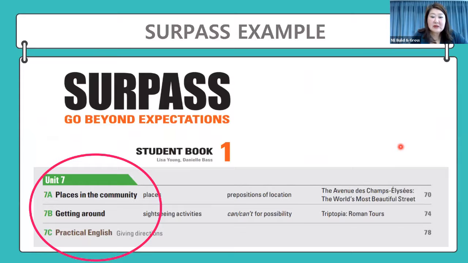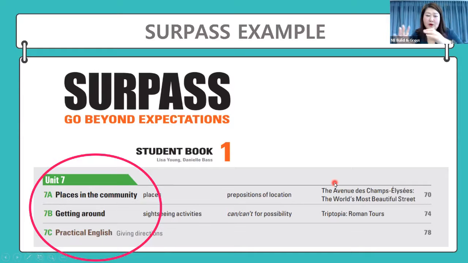It's pretty simple. This unit's goal is that at the end, you want your students to be able to give directions. Quite simple, right? I think most coursebooks cover this from book one. But before they gain this capacity, you need to provide information, for example, place names in English and prepositions of location.